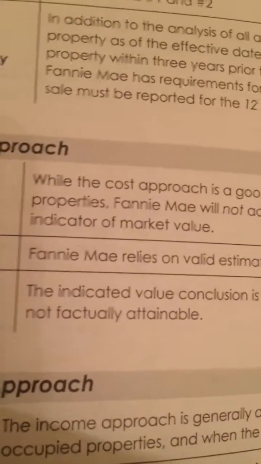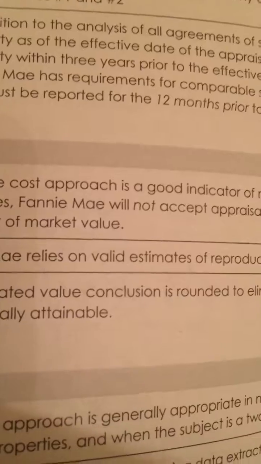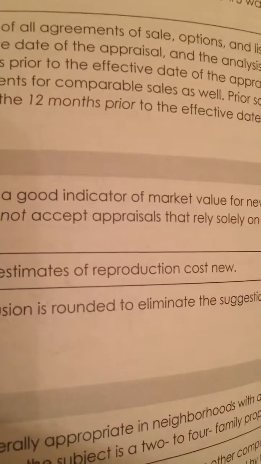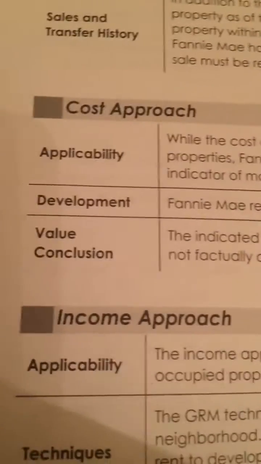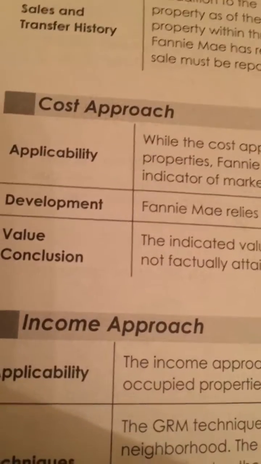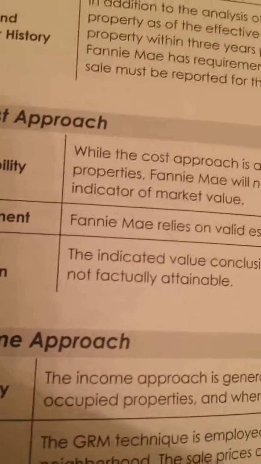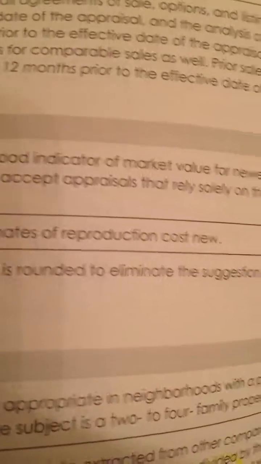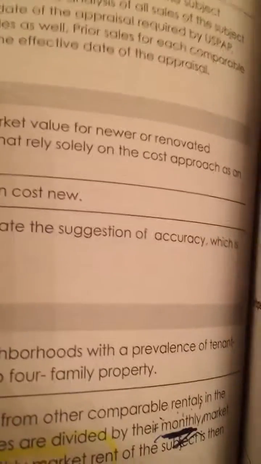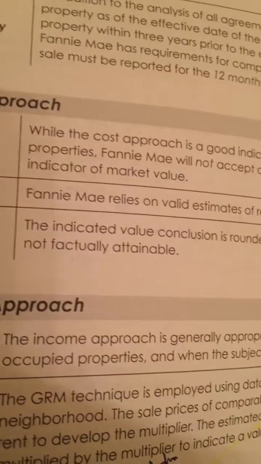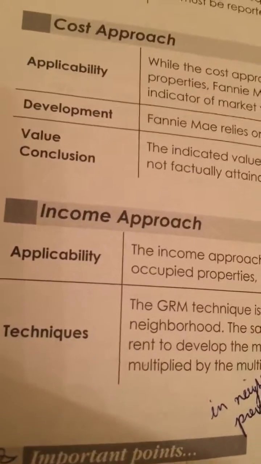Development. Fannie Mae relies on valid estimates of reproduction costs new. Value conclusion. The indicated value conclusion is rounded to eliminate the suggestion of accuracy, which is not factually attainable.